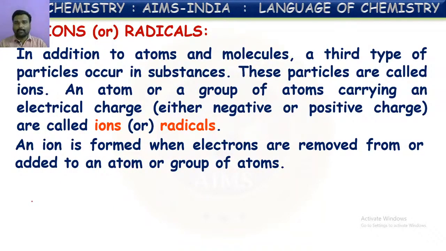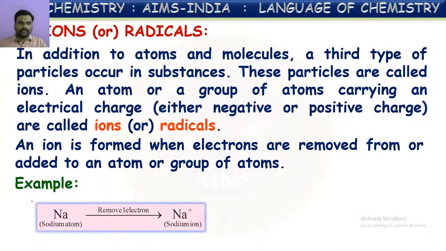Ions are formed either by losing electrons from atoms or by gaining electrons. If electrons are lost or gained by a group of atoms and they form a positive or negative charge, the ions formed are called radicals in general. For example, sodium on losing one electron forms Na+ ion, a positive ion.